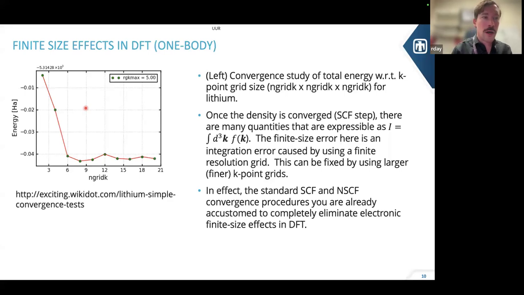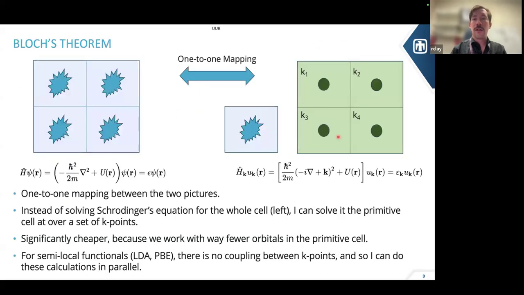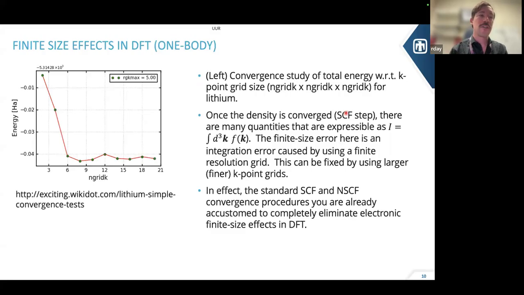And so what we'll do essentially is we will start using larger and larger grids over here, and then just watch how properties change with respect to it. So here's an example of the total energy in Hartrees for a lithium unit cell taken from one of the exciting tutorials. That's the name of the code, but I guess it's also pretty exciting. And what you'll see is that as you start increasing the grid size, this energy changes a lot, and then it kind of settles down.